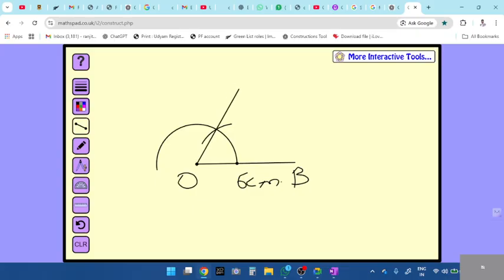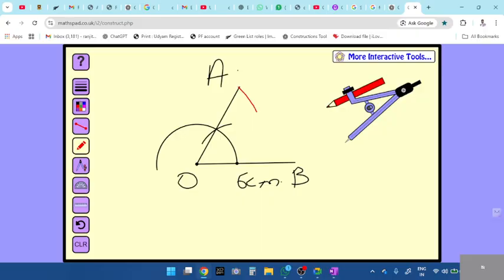Okay, take 6 centimeters and draw A. Complete it till here.